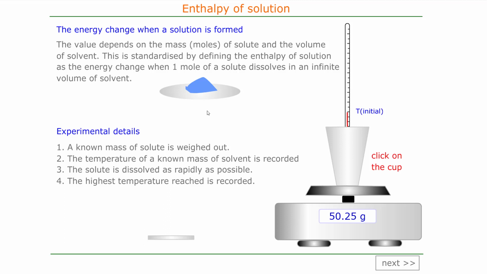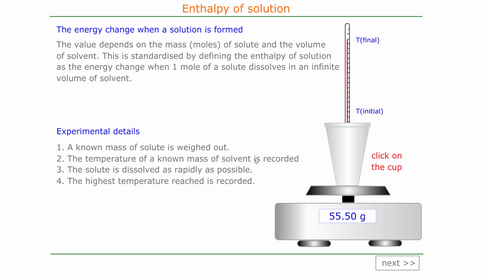As I said, the experimental side of this process is simply to dissolve a known mass of solute. We have to weigh out our known mass of solute. The water must have a known mass as well, so we have a total mass being heated up. We then monitor the change in temperature, so we need the initial temperature and the final temperature.